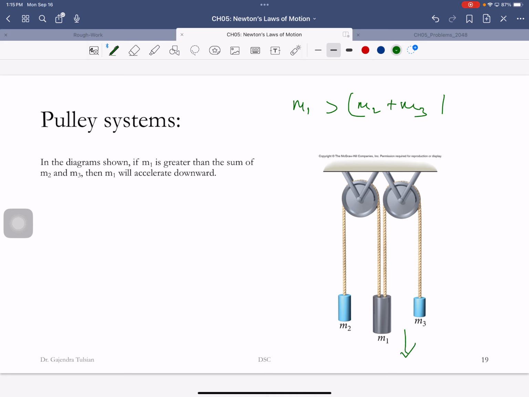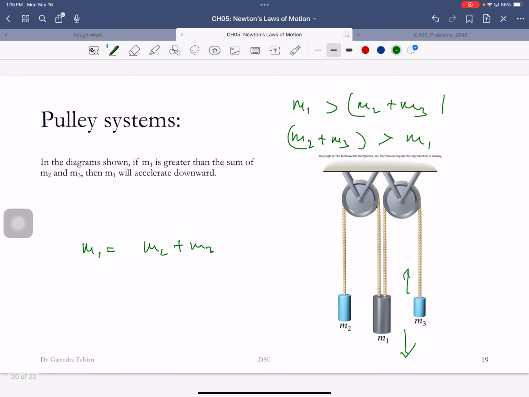Okay. And if M2 plus M3 is greater than M1, it'll accelerate upward. Okay. And of course, the final case is if they're equal, it won't accelerate. If you get it moving, then it'll move at constant velocity.